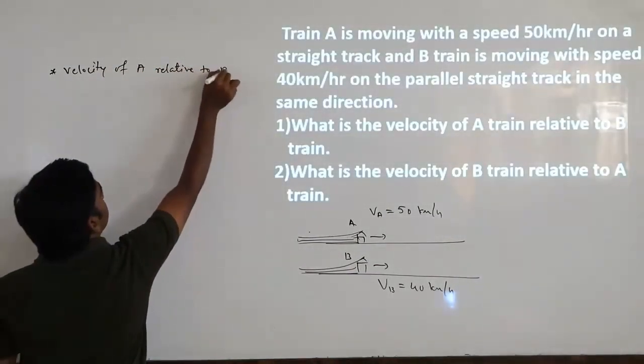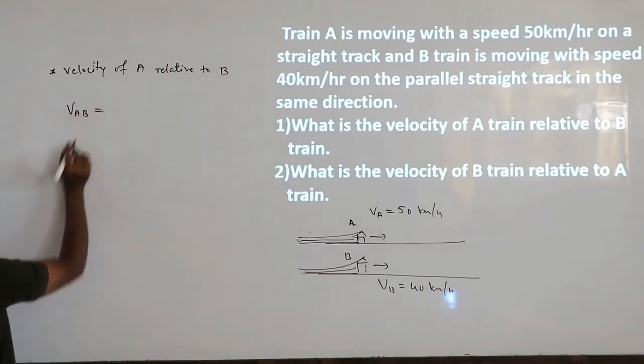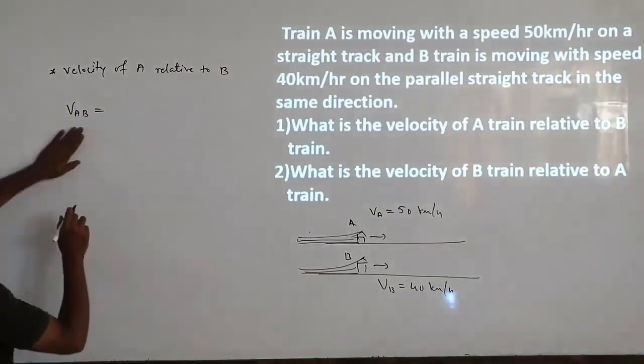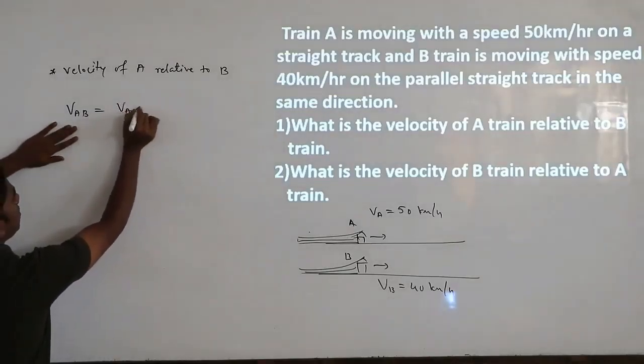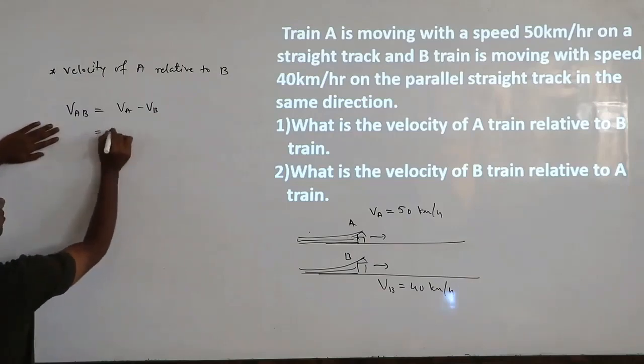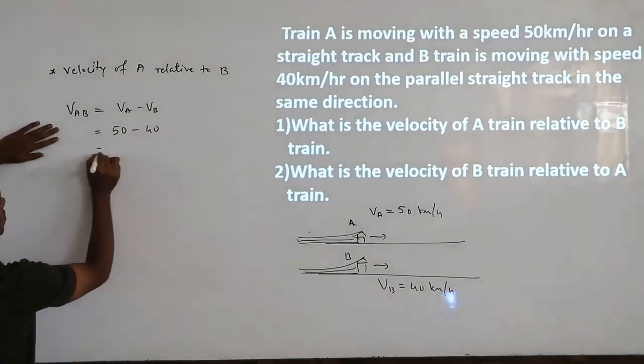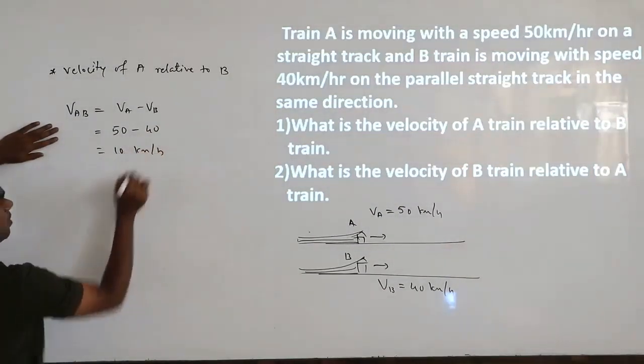Relative to B means velocity of A with respect to B. What is the formula? Velocity of A minus velocity of B. Velocity of A is 50, velocity of B is 40, so 10 km per hour.